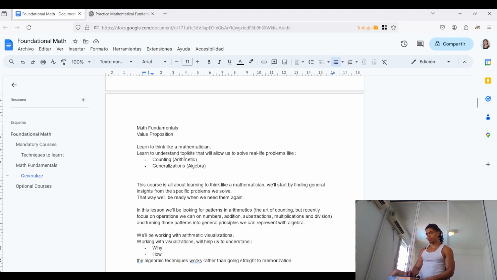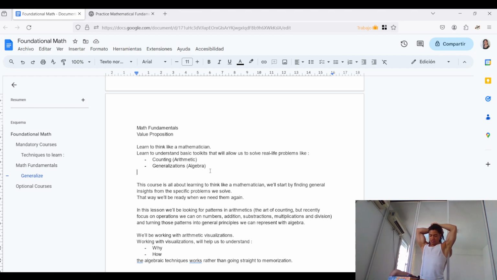Learn to understand basic toolkits that will allow us to solve real life problems like counting and generalization. So this is the value proposition of this course.